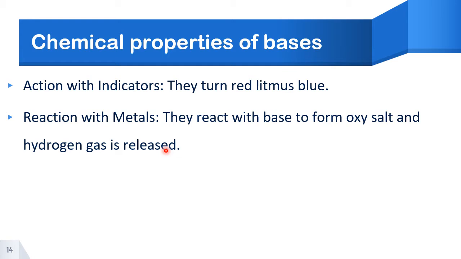The hydrogen gas is checked by bringing a burning matchstick or candle, which burns with a pop sound, because hydrogen is a highly combustible gas. It is the number one gas which gives the highest calorific value. Therefore, it burns with a pop sound, the indication that the liberated gas is hydrogen.